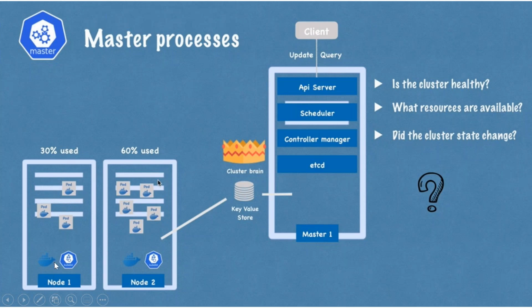Are these nodes available, are they not available, are they fully occupied, how much space do they have, what work is going on. All those details will be stored here in the etcd, in a key value format. So we say that etcd will store my actual state, what is actually happening.